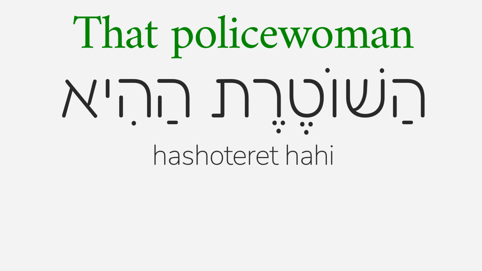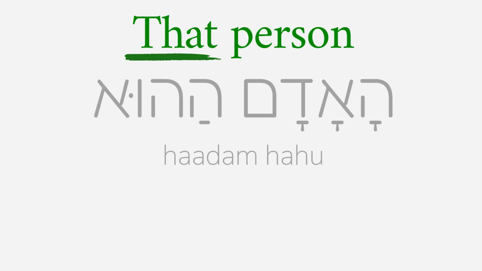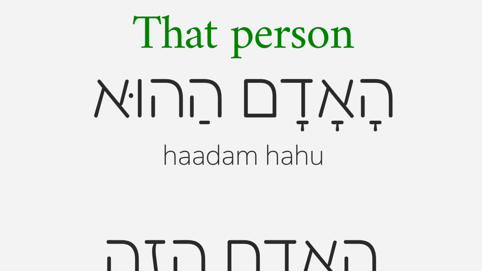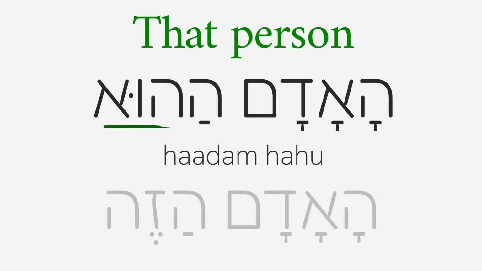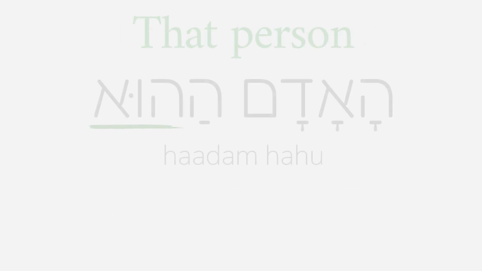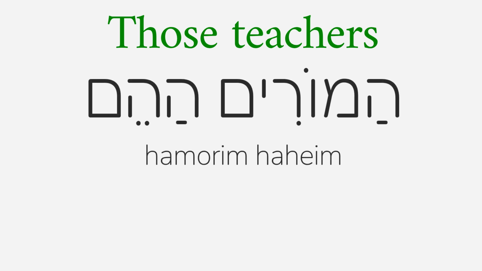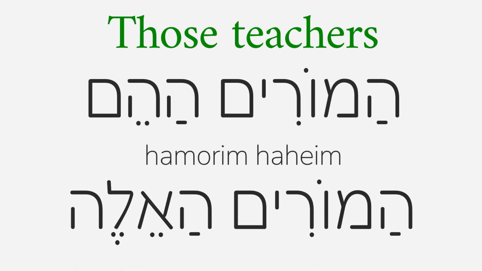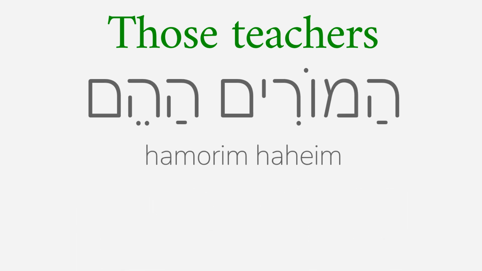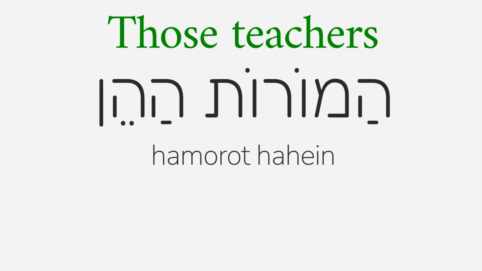In the same way, to emphasize that person, we could say ha-adam ha-hu instead of ha-adam hazeh, using the masculine singular hu. And to emphasize those teachers, we could say ha-morim ha-hem instead of ha-morim ha-ele. If this was a group of all female teachers, we would use the feminine forms of teachers and those. Ha-morot ha-hen. Those teachers.